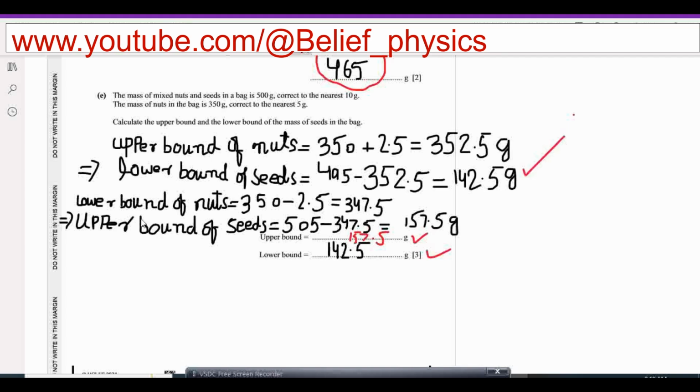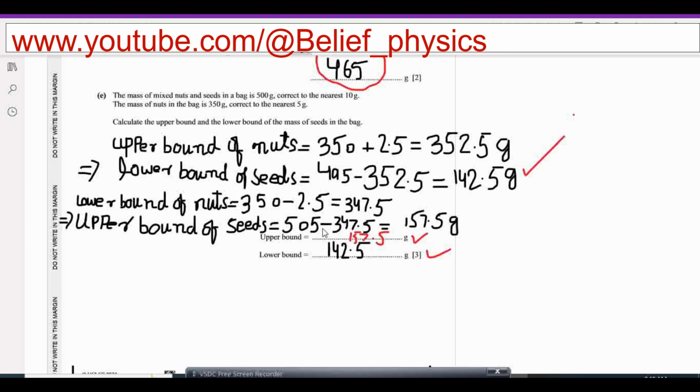Now we have to find the upper bound. For the upper bound of seeds, we first calculate the lower bound of nuts. So the lower bound of nuts is 350 minus 2.5, which comes out to 347.5. Okay. So the upper bound of seed will be equal to the upper bound of the total mass, which is 505, minus the lower bound of the nuts, 347.5.